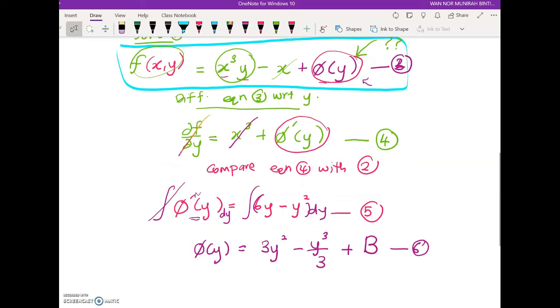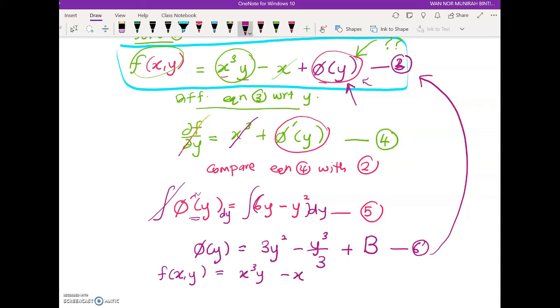Now I have already found the unknown or arbitrary function phi(y), so I just substitute what I have in equation 6 into equation 3, where I will have f(x,y) equals x cubed y minus x, plus 3y squared minus y cubed over 3 plus b.